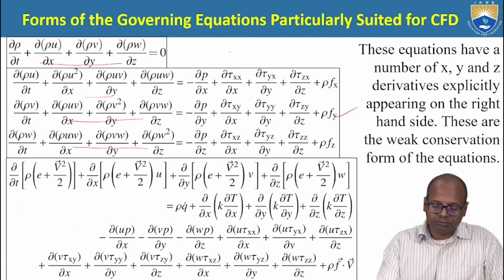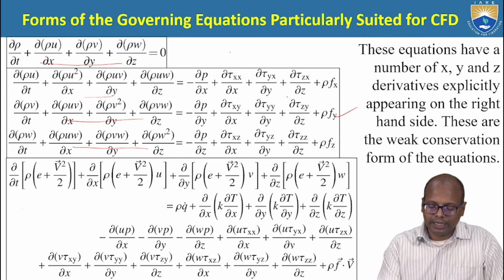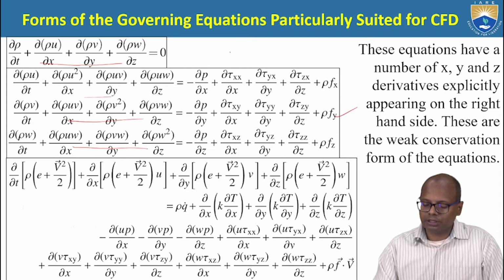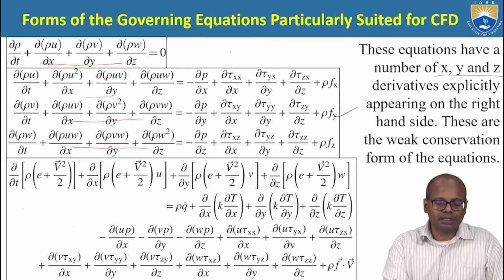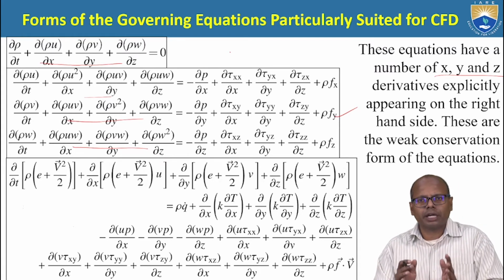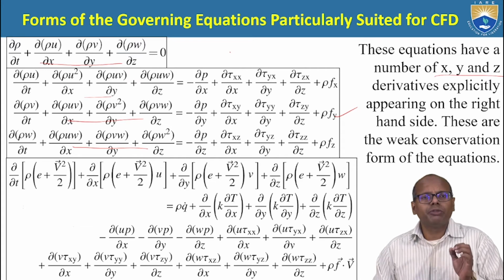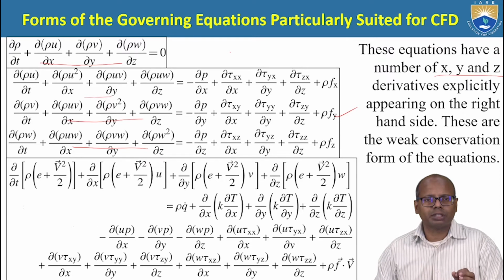In this particular case, the right hand side xyz partial differentiations appear separately, and on the left hand side xyz are also separate. So this kind of form is called weak conservation form. Okay, they are conservation forms, but they are weak conservation forms.